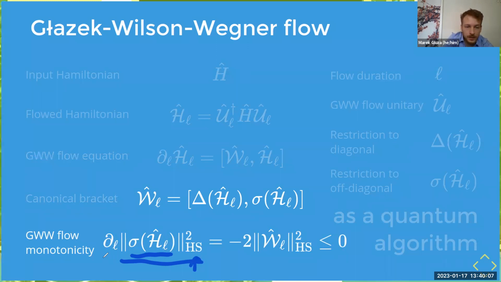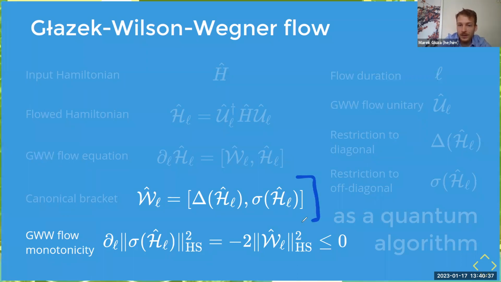Now, I look at that magnitude quantifier and I check how much it changes as I'm flowing forward. With equality, this change is non-positive and just depends on the magnitude of this bracket. So when the diagonal and off-diagonal parts don't commute with each other very much, then we are flowing fast to become diagonal. That's the idea of this flow. That's how it's constructed. That's the power of this double bracket structure.